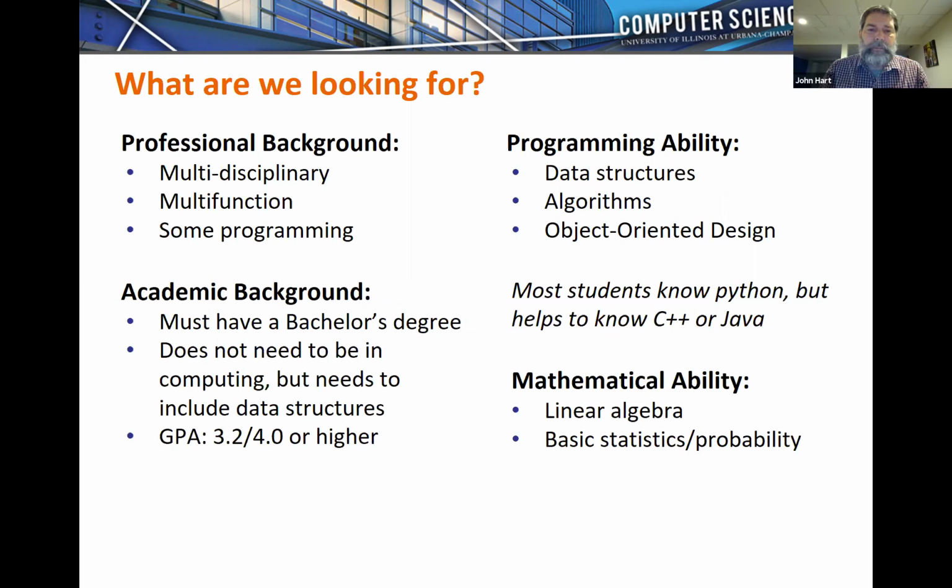And in order to enter this program, we're looking for students that are interested in the professional practice of computer science and also in computer science as it relates to the data sciences. Our program is multidisciplinary, but it will require significant computer programming. So we want to make sure that students entering the program have the right prerequisites to be able to succeed in graduate level courses in computer science.